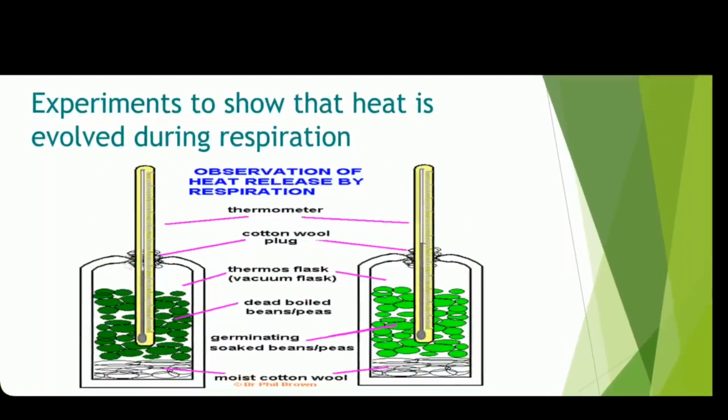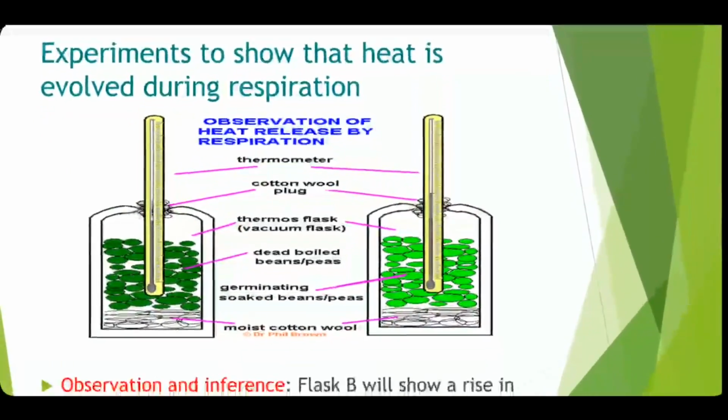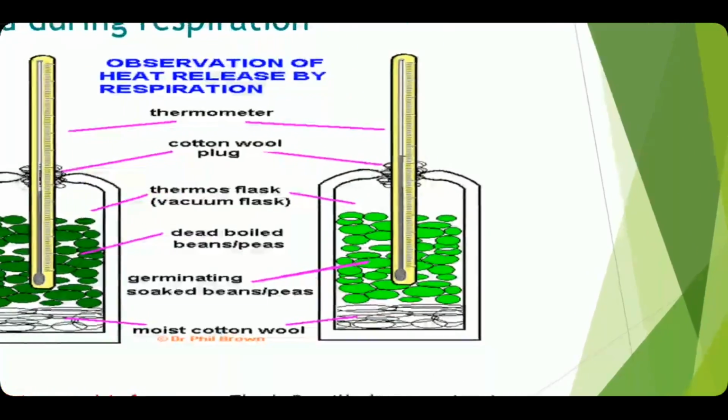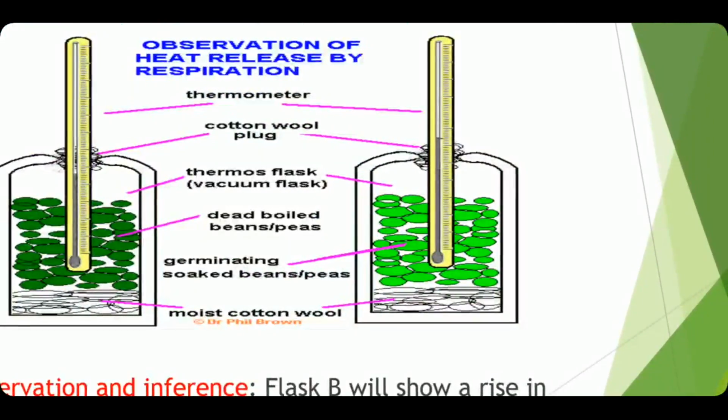Experiment to show that heat is evolved during respiration. So what do we have to do in this experiment? We have to take two thermos flasks, as you can see here, and name them A and B. We have to take gram seeds or bean seeds. In one thermos flask, we take germinating seeds, and in the second one, we take dead seeds.